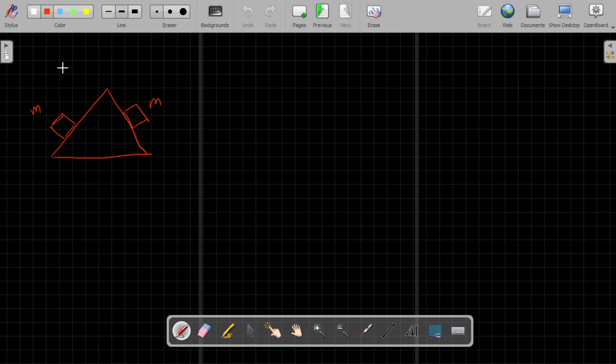This distance is given as 4 meters, this distance is given as 3 meters, and this distance is given as 5 meters.